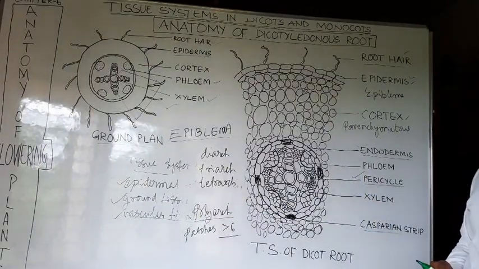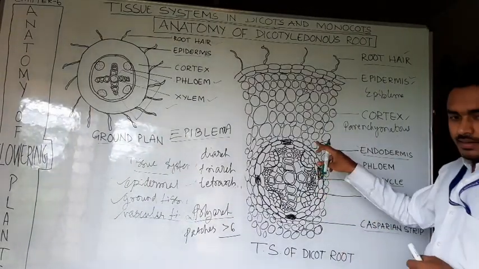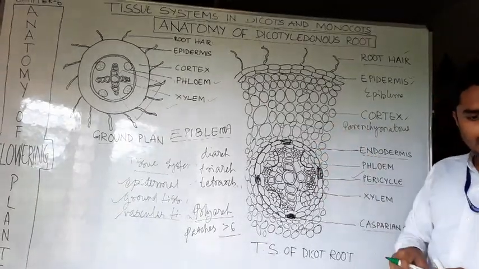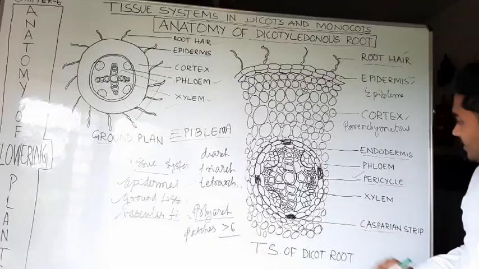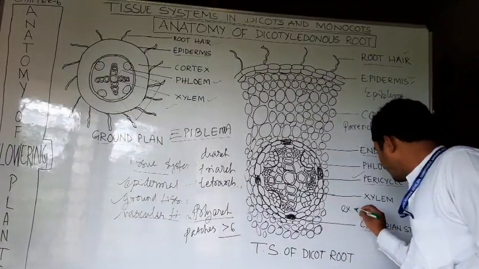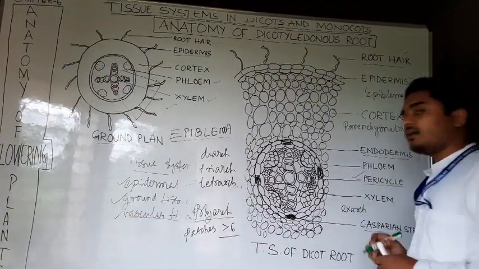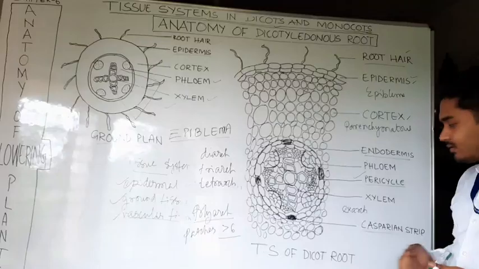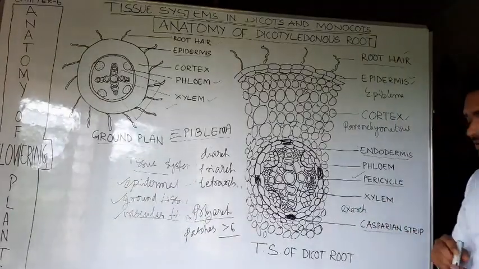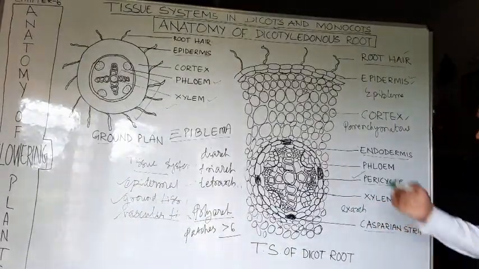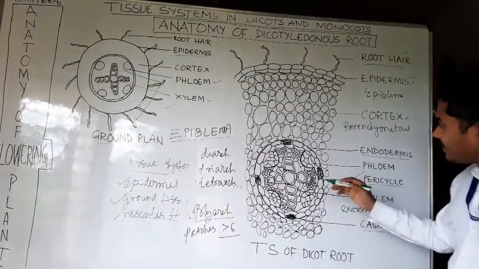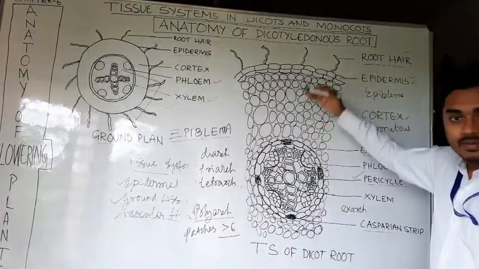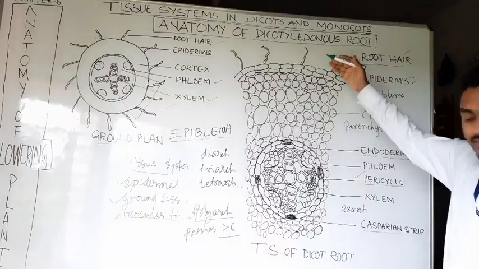Then the arrangement of xylem we will see is of the exarch condition. So what does this term explain? This term explains that the first formed cells, the protoxylems, are found towards the epidermis or towards the periphery.